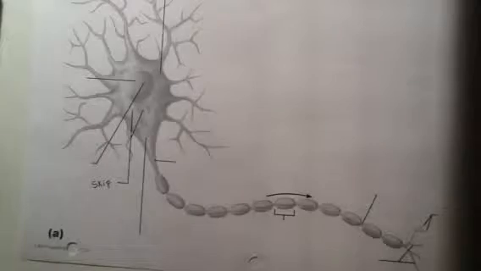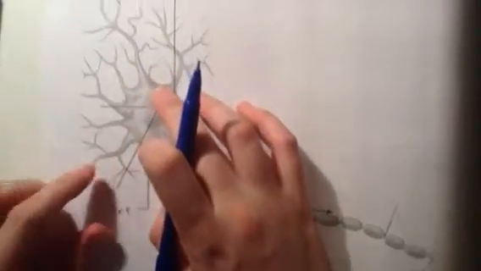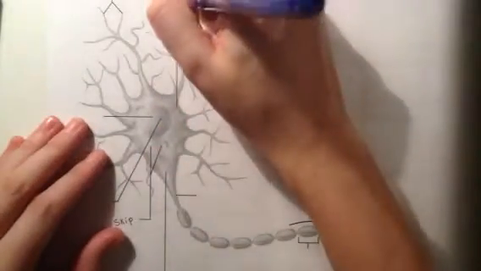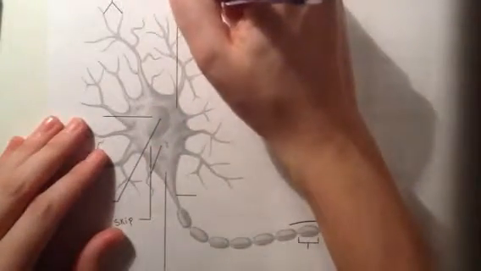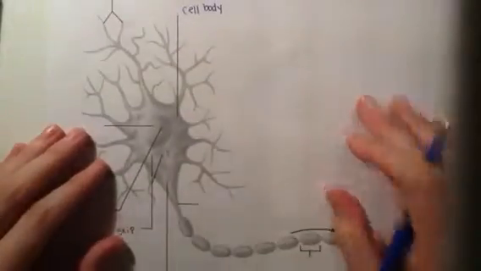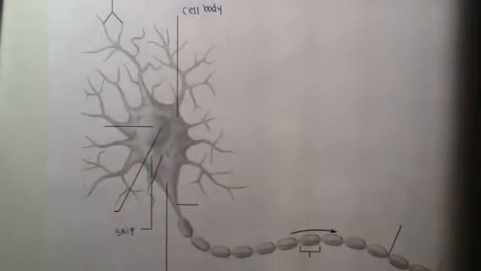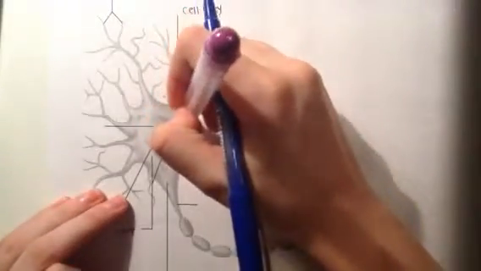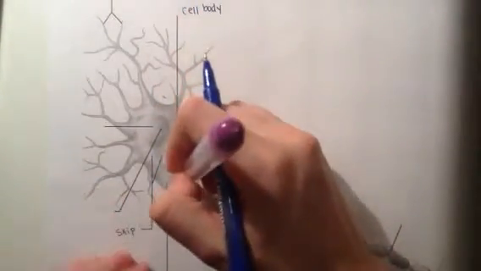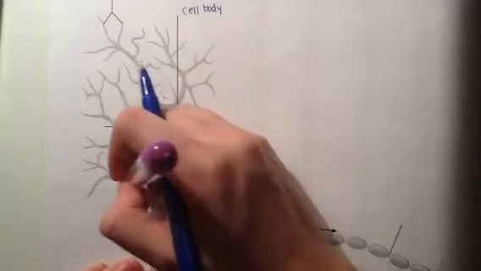So we're going to start with this central structure here in the middle. And that is called your cell body. So this whole part right here in the center, and we'll draw a dotted line around it so you can understand what the cell body is, this part in the middle.